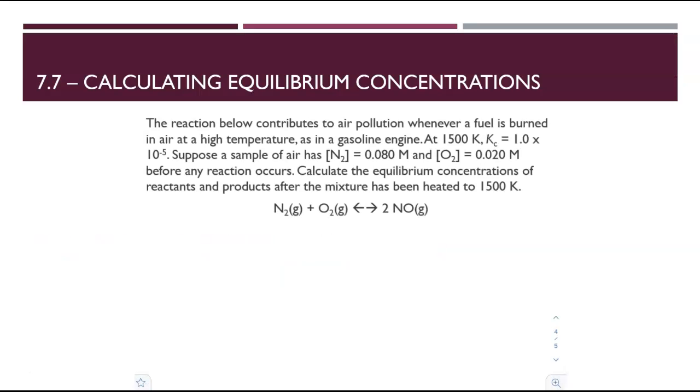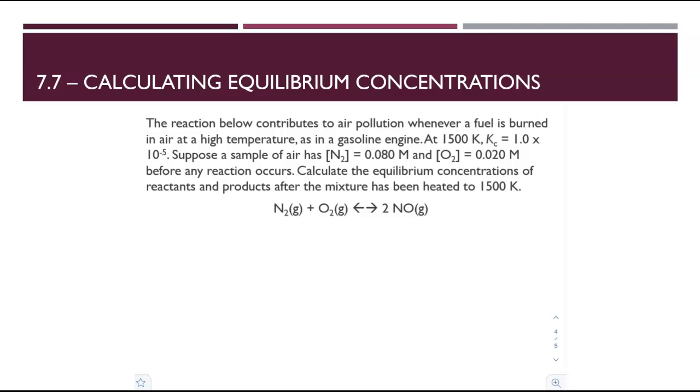This question is looking at the reaction between nitrogen and oxygen that contributes to air pollution when fuel is burned in a gasoline engine. The question tells us that at 1500 Kelvin, the equilibrium constant is 1 times 10 to the negative fifth. We're going to look at a sample of air that has a concentration of 0.08 molar nitrogen and 0.02 molar oxygen at the beginning before any reaction occurs.